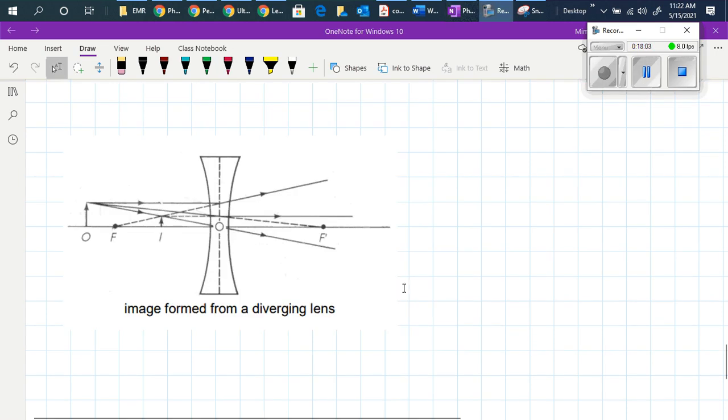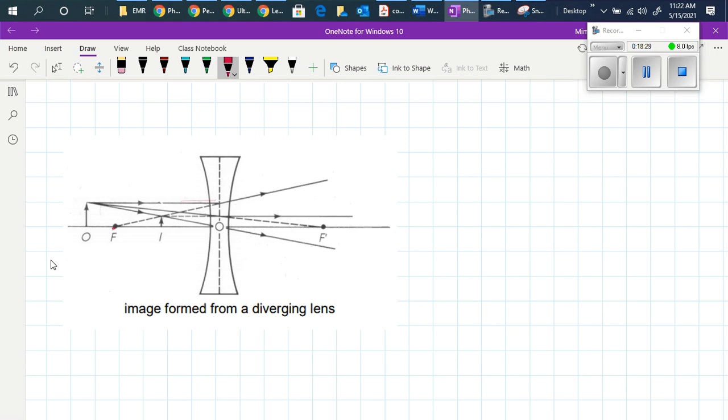The same rules will be applied even when we have a diverging lens. In this case, we have the object between the focal length and the center. The incident ray parallel to the principal axis will be reflected passing through the focal point.